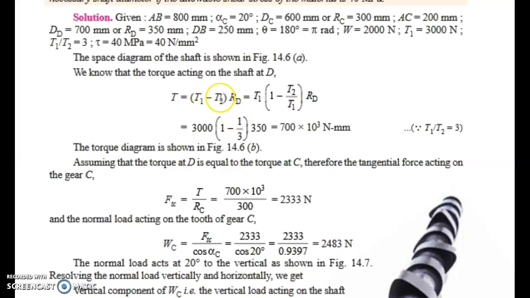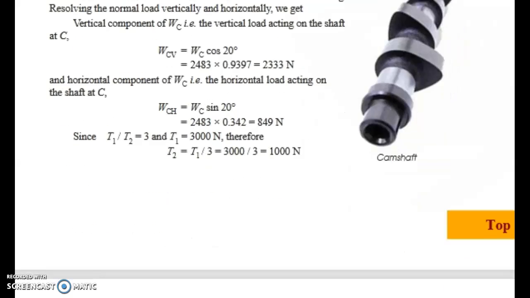So take T1 outside, then we can convert that equation into T1 into (1 minus T2 by T1) into R, where T2 by T1 is the inverse of T1 by T2, that is equal to 1 by 3. In this equation all parameters are given. T1 is equal to 3000, T2 by T1 is equal to 1 by 3, and R is also calculated, that is equal to 350. So that value is equal to 700 into 10 raised to 3 Newton millimeter. So first we find the value of torque.